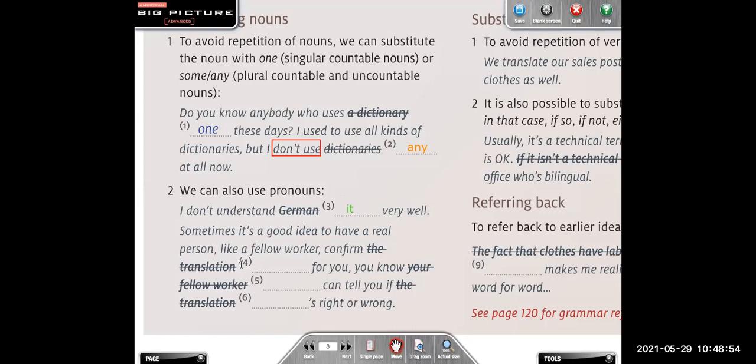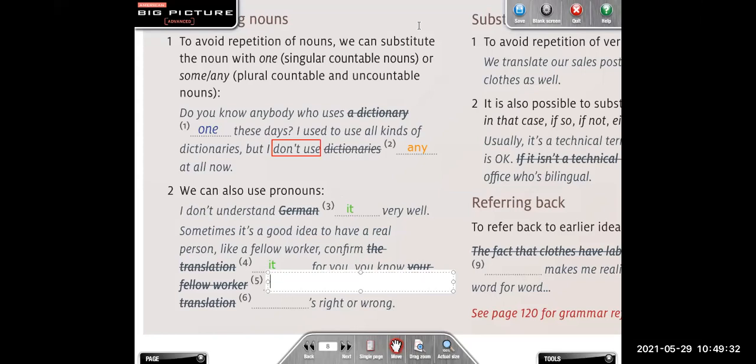How can we replace the translation in this sentence? Confirm it, right? Very good. For your fellow worker, how can you complete this? He or she, right? Su compañero de trabajo, puede ser mujer o hombre. So we can replace this with he or she.